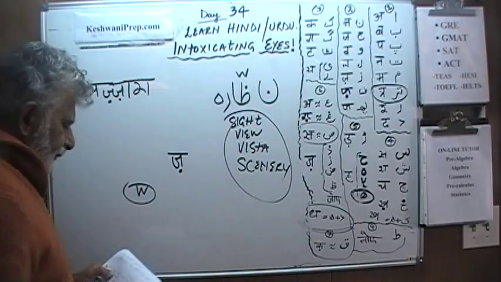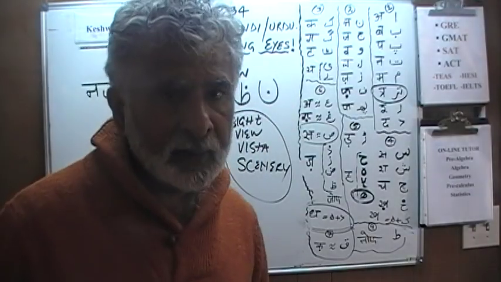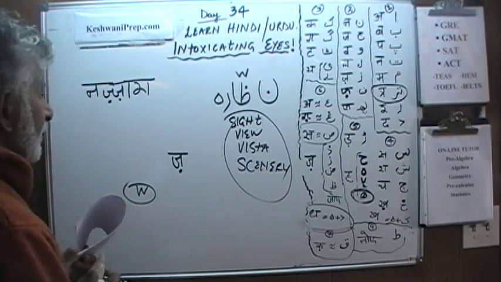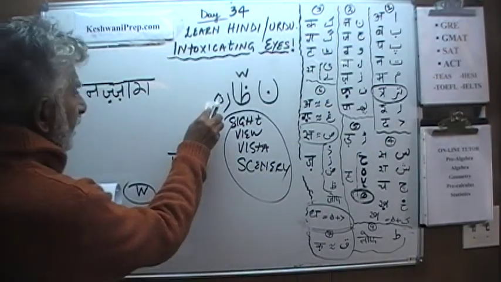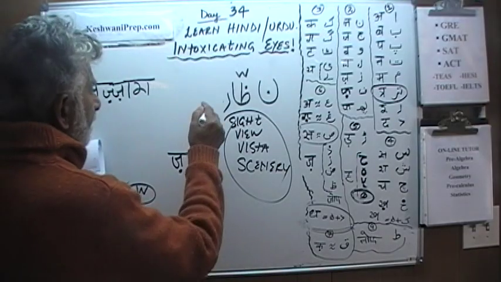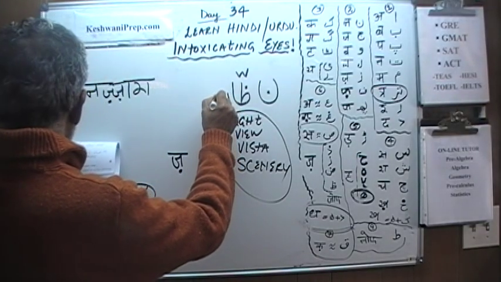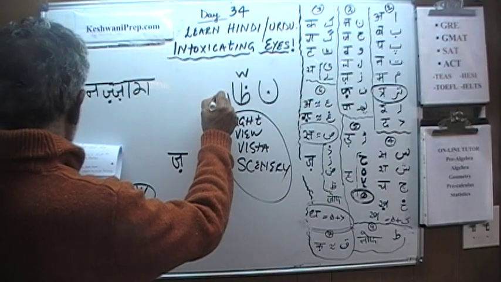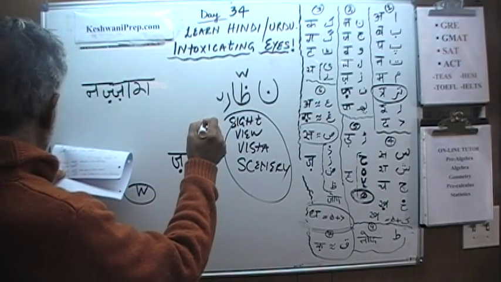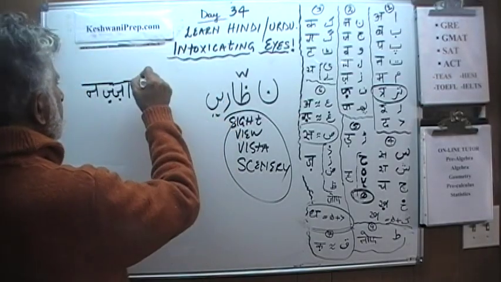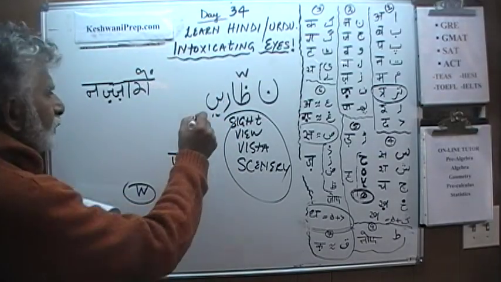That means nazara. The plural would be nazare or nazaron. So if you want to do nazare, the plural, you get rid of the he, and it becomes nazare, like this, with a nun gunna.